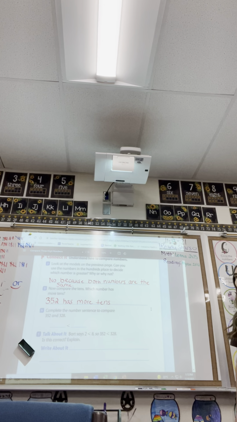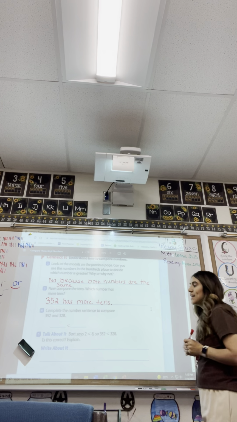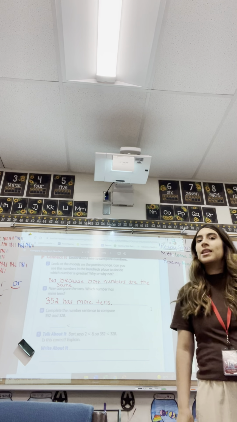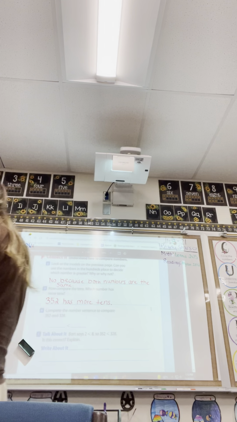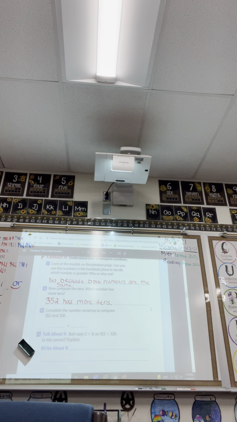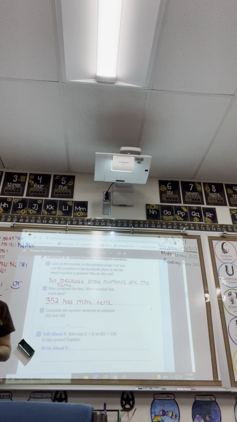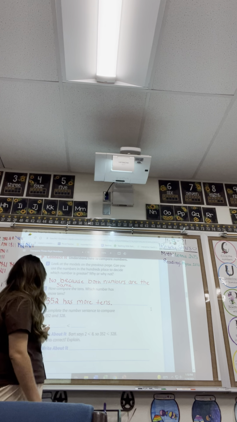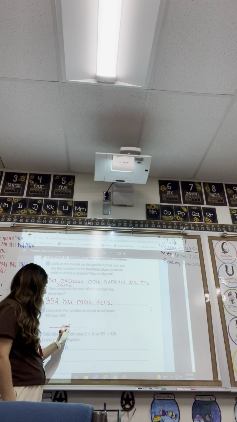So now that we know that 352 has more tens, let's complete our number line. Okay? How could I write this? Which number is going to go first, and then which number is going to go next? This number sentence would read, blank is less than blank.